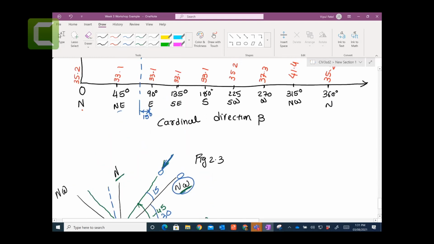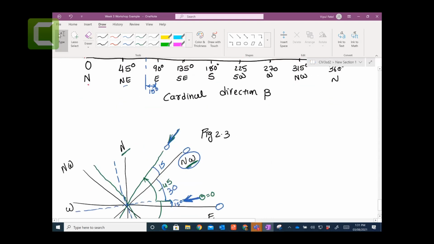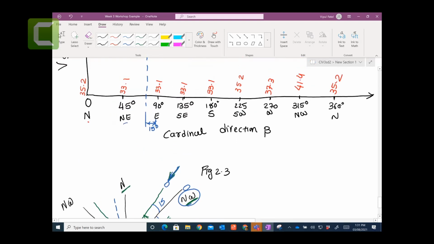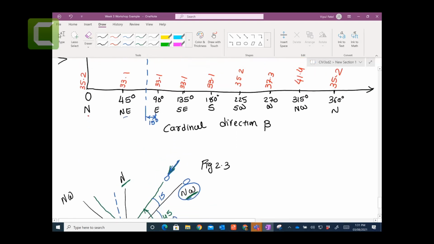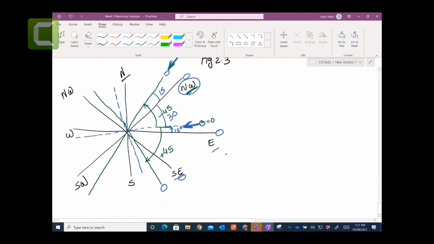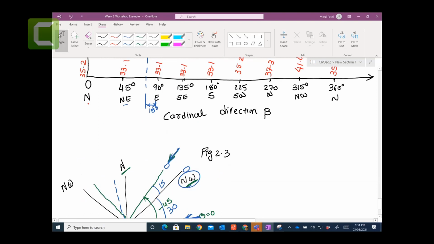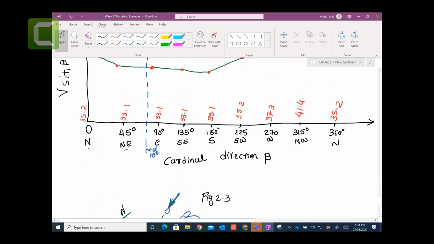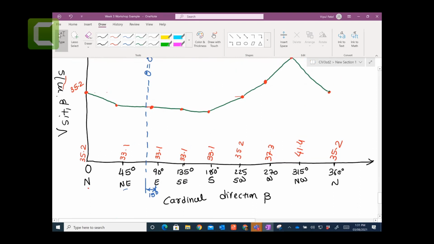So the green line passes from southeast, northeast. Okay, so we will have this green line that we're going to draw, because if you have this one is 30 degrees. Do you agree with me?